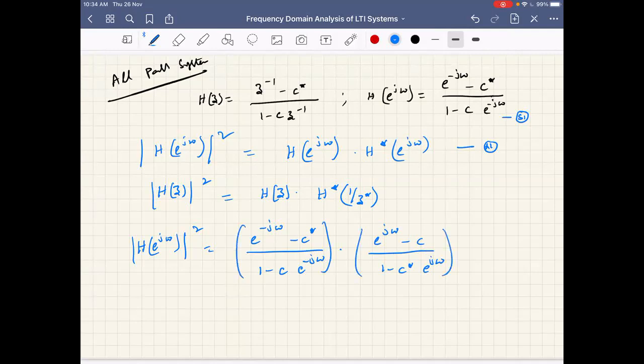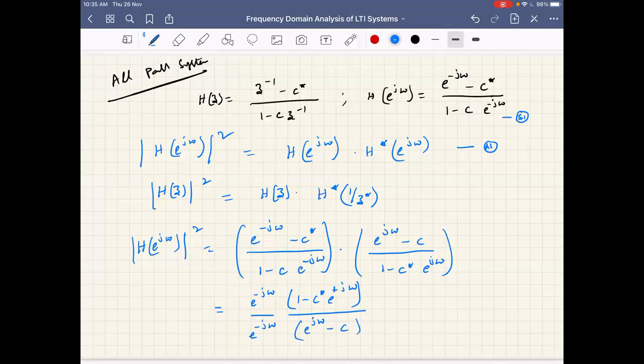Now let us do one small algebraic trick. Let us take e power minus j omega out from the first term. If I take e power minus j omega out, what do I get? 1 minus c star e power plus j omega, by, from the denominator also taking e power minus j omega out, e power j omega minus c.